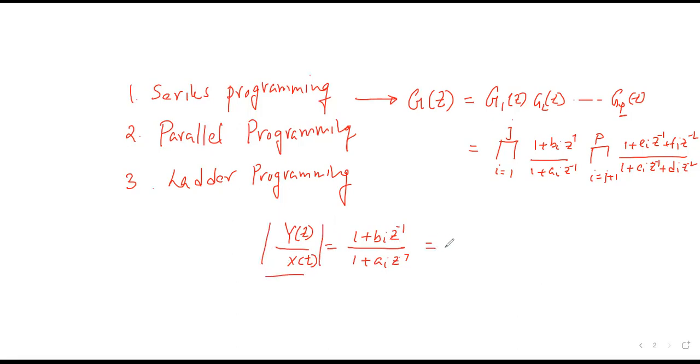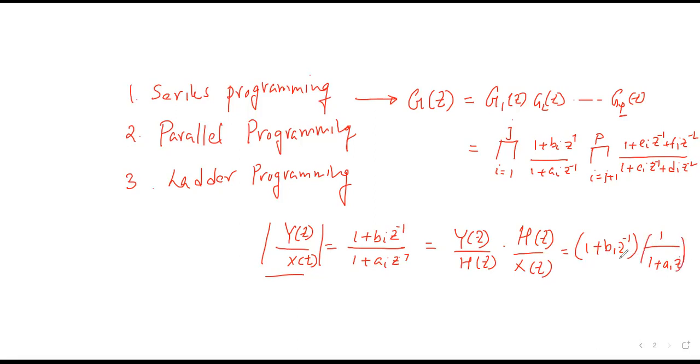This one will be divided in this way: Y(z)/H(z) into H(z)/X(z), which will be equal to 1/(1 + a_i z^-1) times (1 + b_i z^-1). Okay, so similar way we have to implement it.